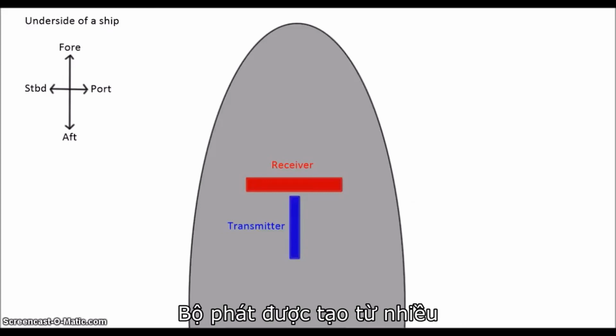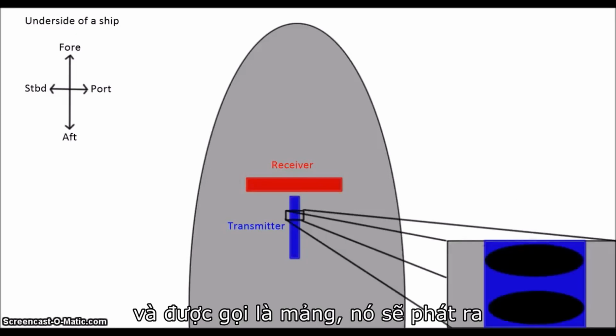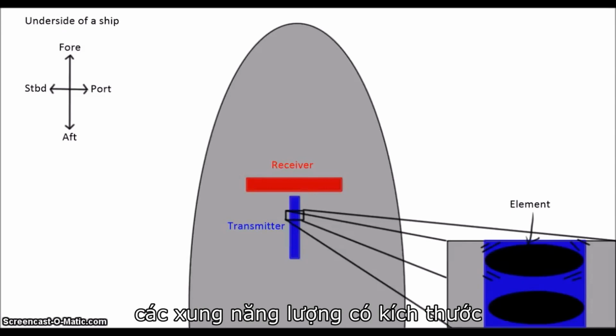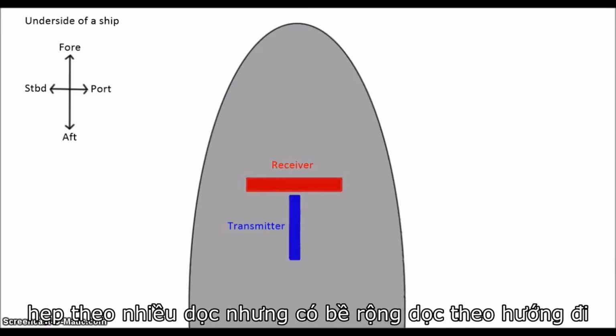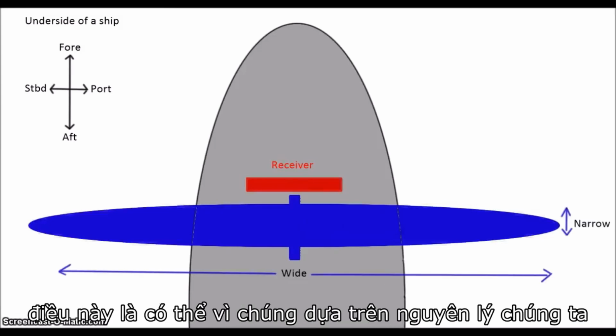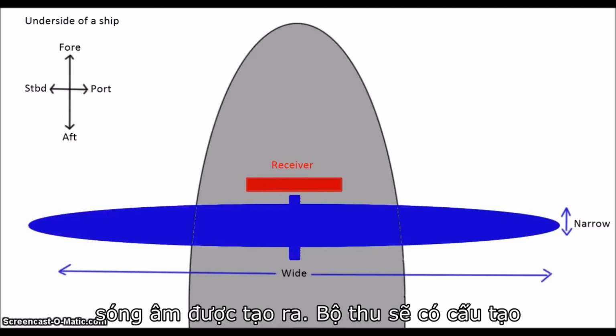The transmitter is composed of multiple piezoelectric elements, all in a row called an array. It is going to emit a pulse of energy that is narrow in the fore-aft direction, but wide along track. This is possible due to the same principles we talked about earlier, where the frequency of the pulse and the size of the transmitter control the shape of the generated wave.